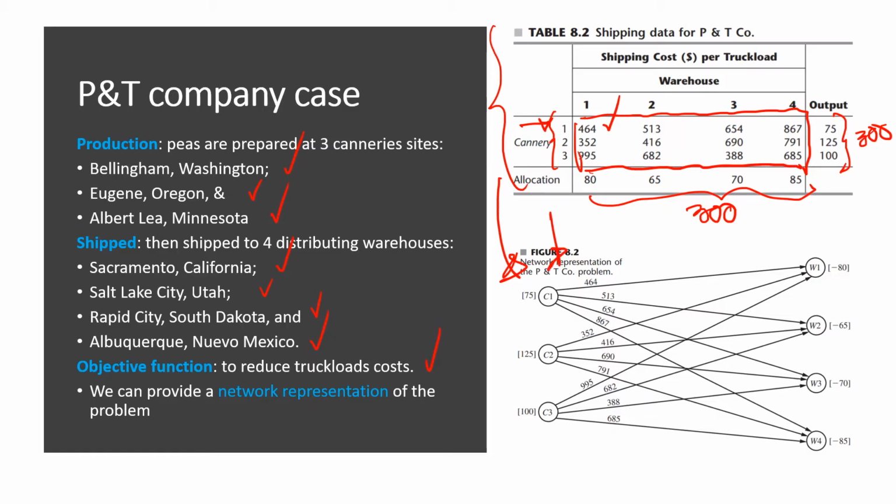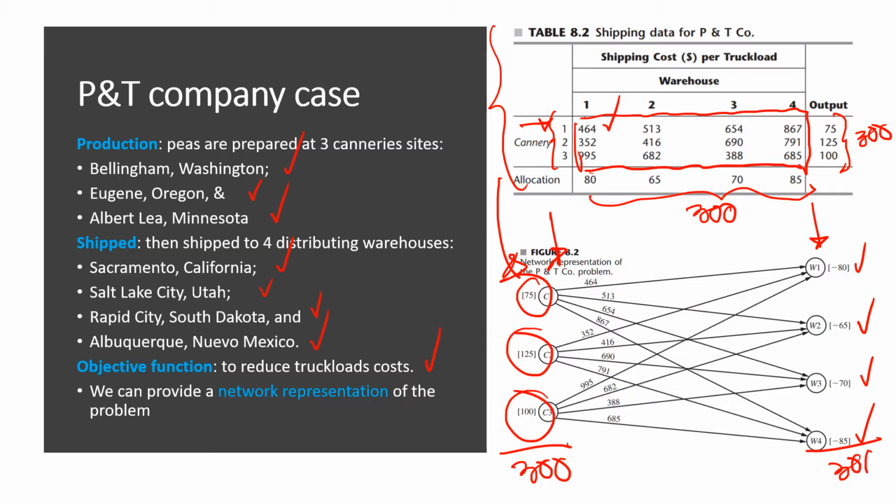Now, we can also provide a network representation of this same information. On the left side, we're going to have the canneries. On the right side, we're going to have the warehouses. So we got 3 canneries. My supply from the first cannery is 75 truckloads, 125 for the second, and 100 from the third. That gives me 300. Regarding my warehouses, I got 80 on demand, 65, 70, and 85 respectively.